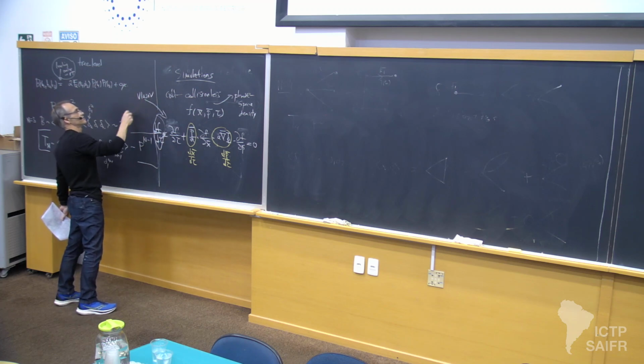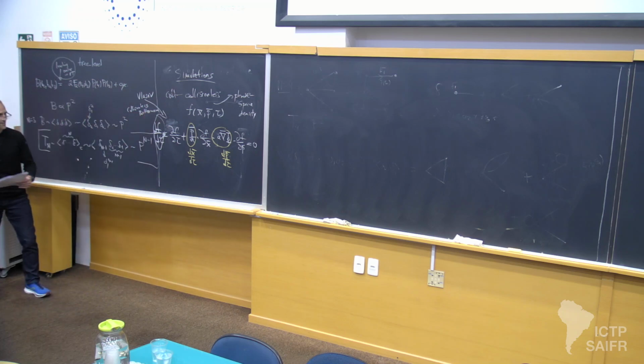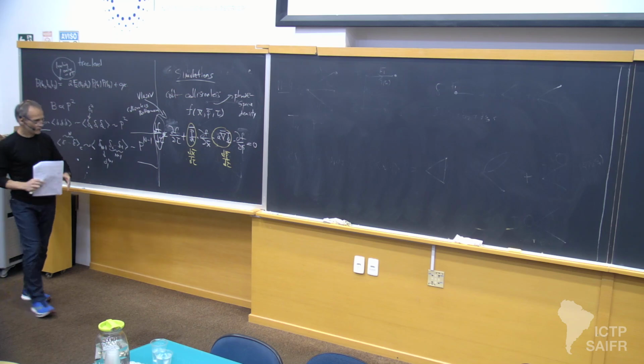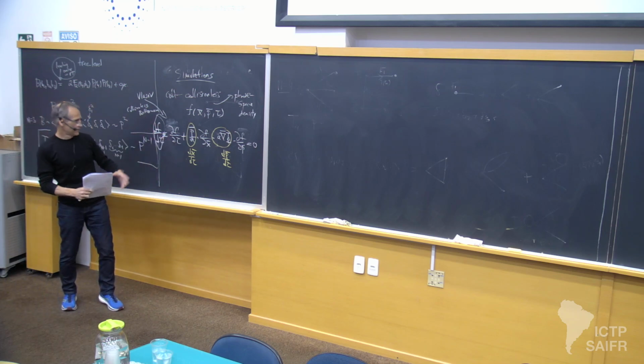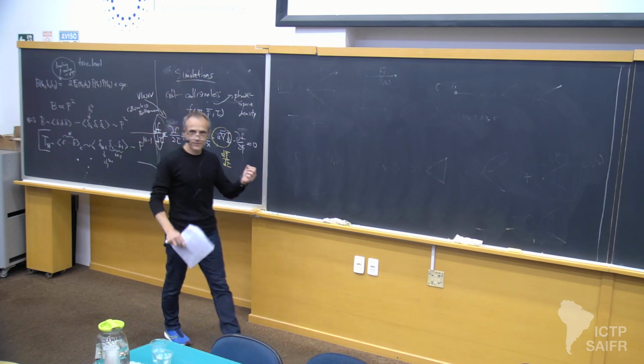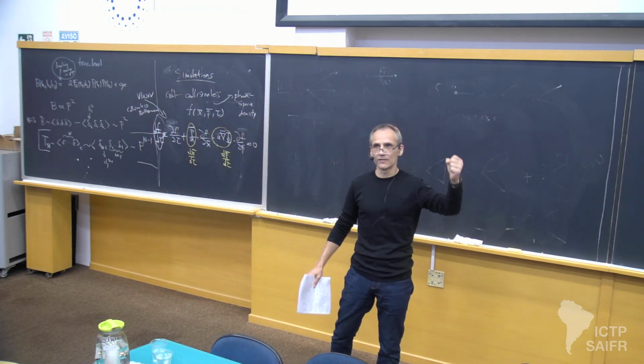So this is either Vlasov or collisionless Boltzmann. I'm going to use Vlasov because it's shorter. I don't want to say too many words. So this is saying the phase space distribution function is conserved along the trajectories of the particles.